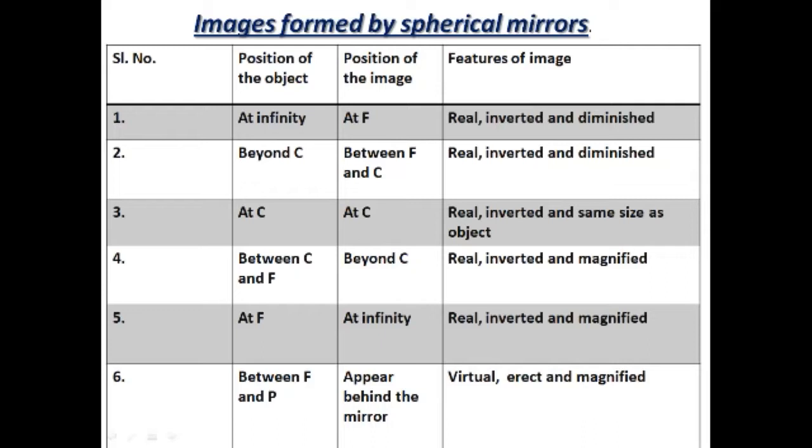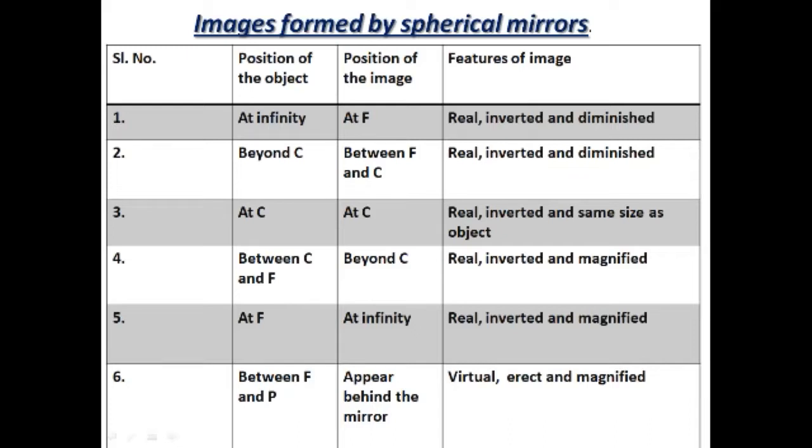The second possibility is beyond C. In that case, the position of the image is between F and C, the principal focus and the center of curvature. When we place the object beyond C, the image is formed between the principal focus and the center of curvature, and the image is real, inverted and diminished.